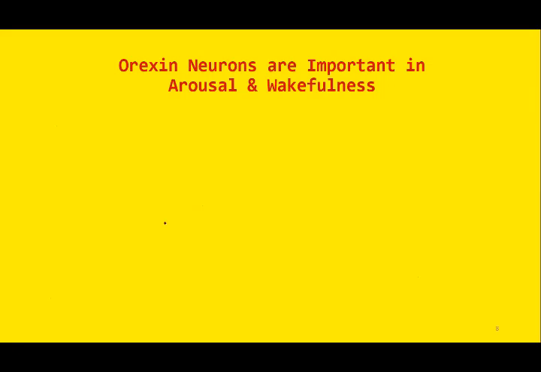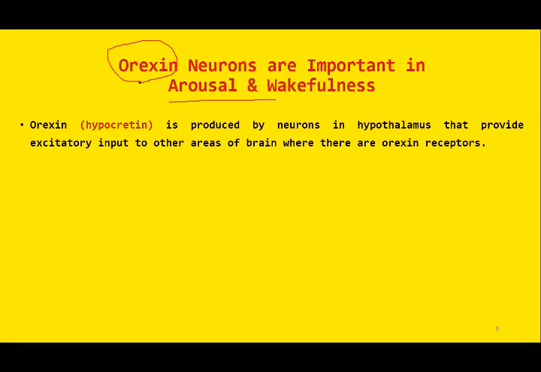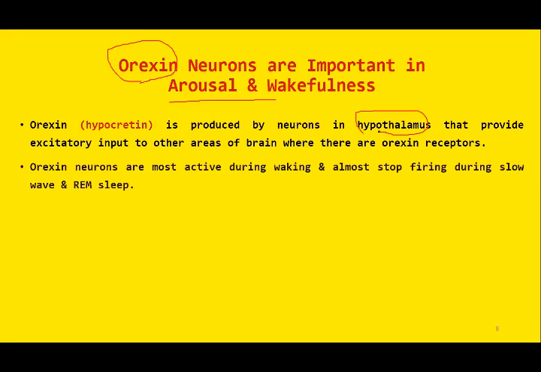So we have discussed neurohumoral substances which are important in wakefulness. One of them is orexin. Orexin, also known as hypocretin, is released from neurons in the hypothalamus, and these are responsible for wakefulness.